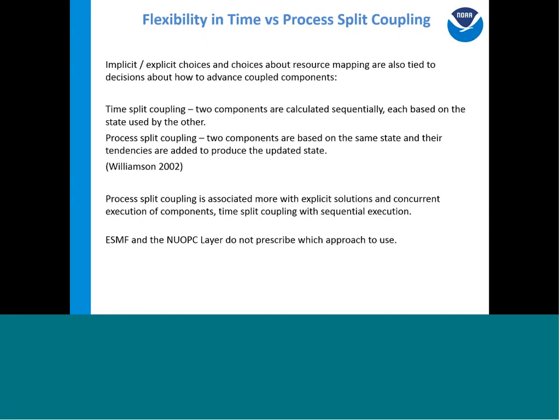So you can either time split the coupling, so the two components are calculated sequentially, each based on the state used by the other, or you can process split, which means that two components are based on the same state and their tendencies are added to produce the updated state. So Williamson has a very nice paper on this from 2002.